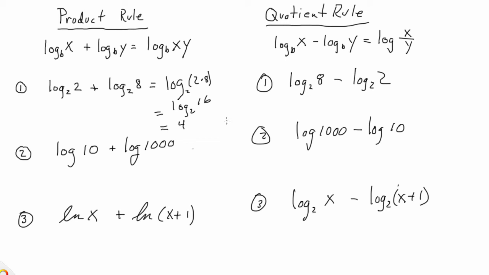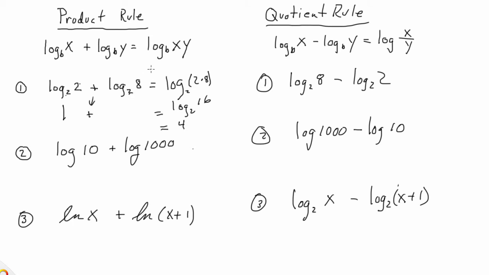Now, this is not always going to be true, but I want to show you something else we could have done just to prove that we were right. I made this problem very easy just so we could show that this is right. We can't really show it on this one because there's x's involved. But let's take a look at this. What's log base 2 of 2? Well, 2 to what power is 2? That's a 1, plus log base 2 of 8.